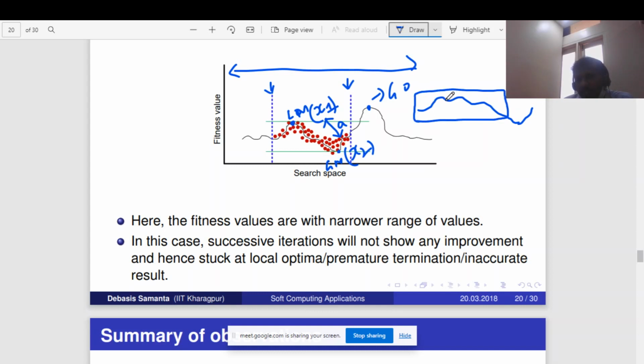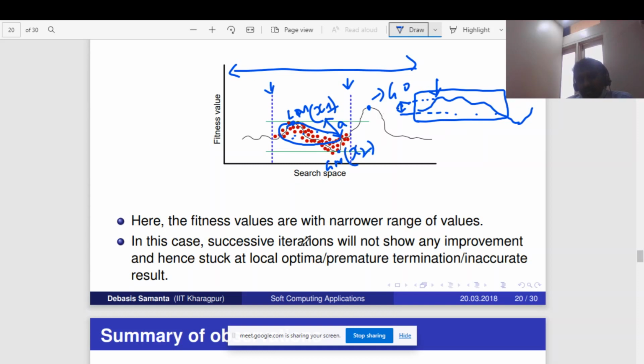There is not much difference in the fitness value. Maybe this individual's fitness value is quite high, but still the difference is less. So every time the algorithm will select the individuals in this area, and the result will also lie in this range only. So it won't go beyond that.